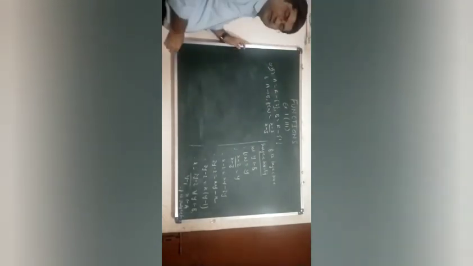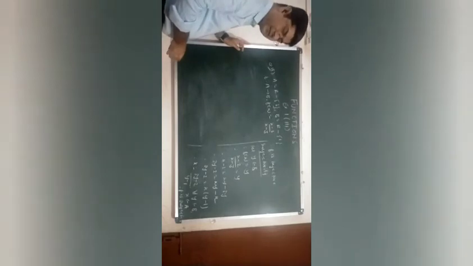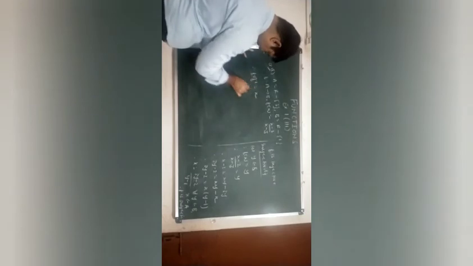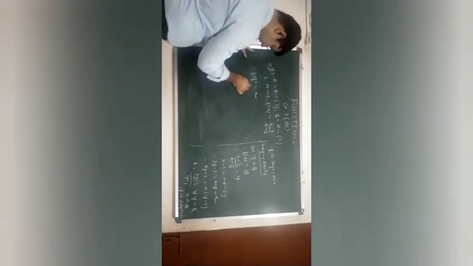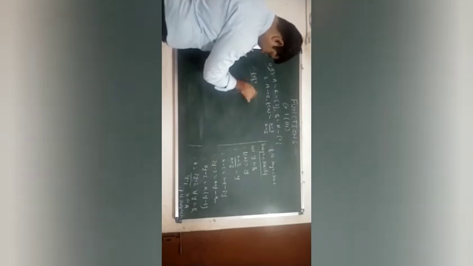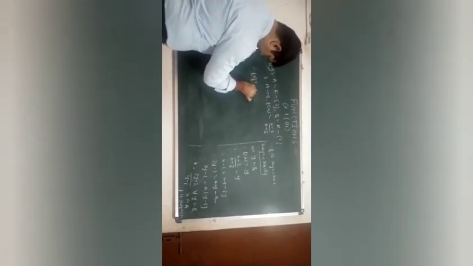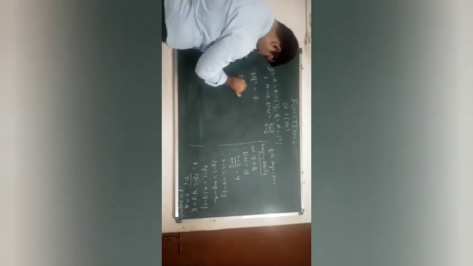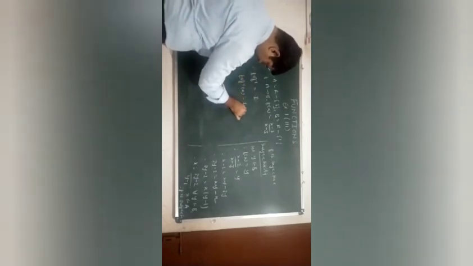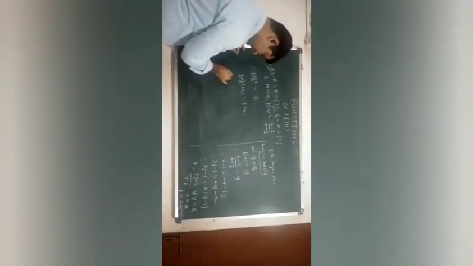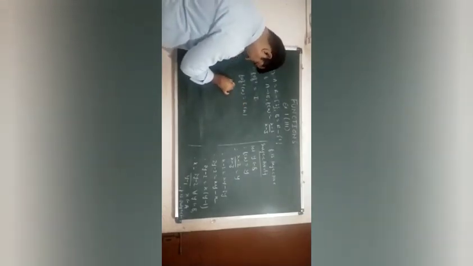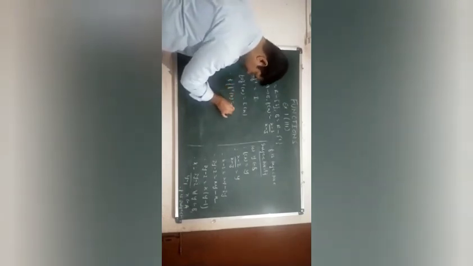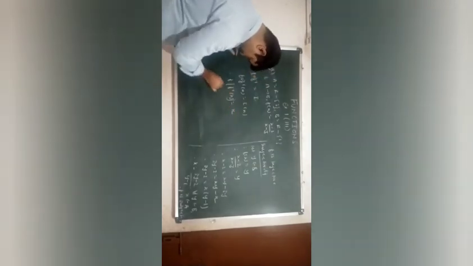Now we know that the function f is a bijective function, therefore f inverse composed with f is equal to the identity I, and therefore f inverse of f of x is equal to I of x, and therefore f inverse of f of x is equal to x.